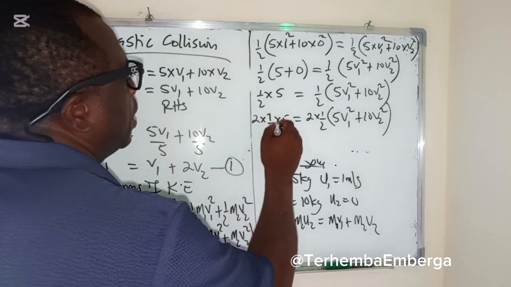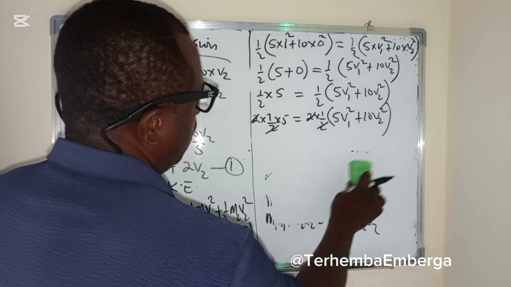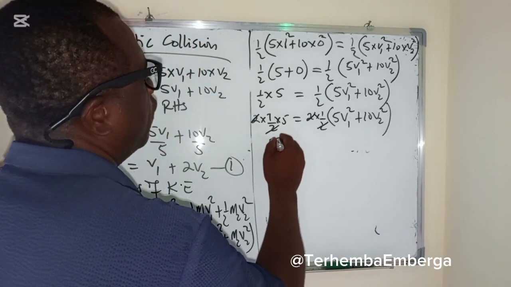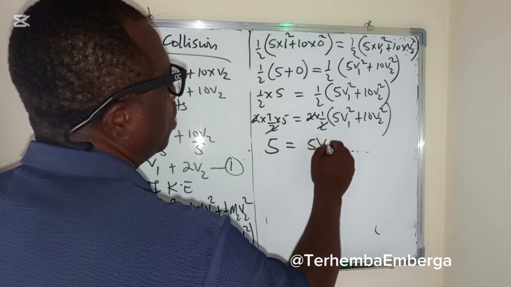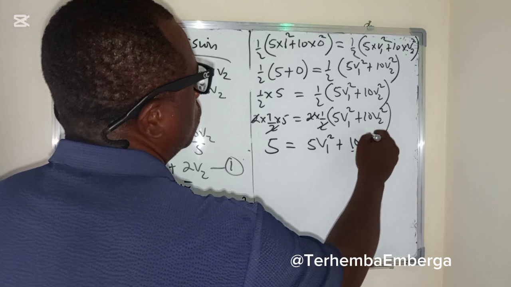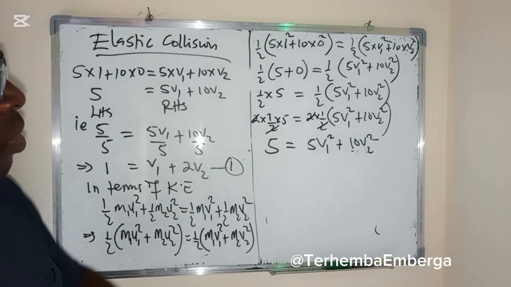So where this will take care of this, as a 2, I will have an equation as 5 equal to 5v1 squared plus 10v2 squared, which can still be reduced.